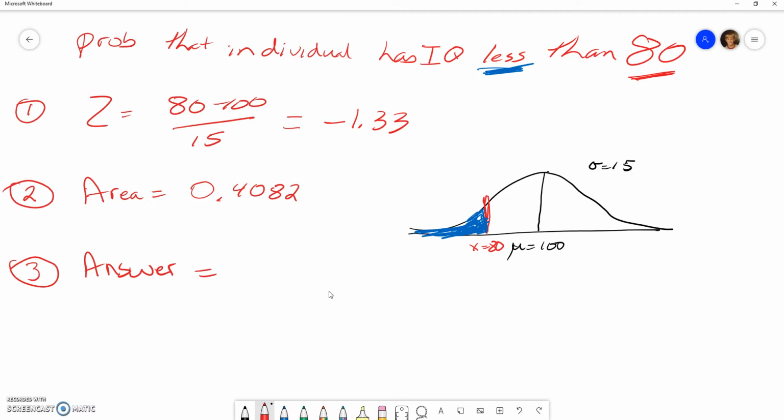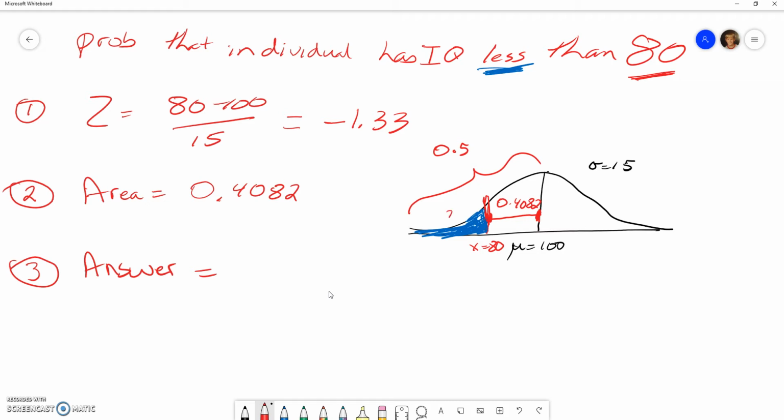We know that the full left side has an area of 0.5. We've calculated this middle area to be 0.4082, because the area from Appendix B, based on that Z value, is always from the middle outwards. It does not matter that we're going on the left end and that Z is negative. So this area is positive 0.4082.